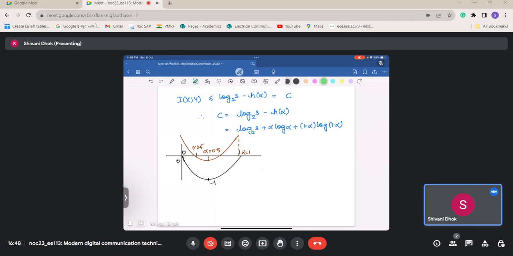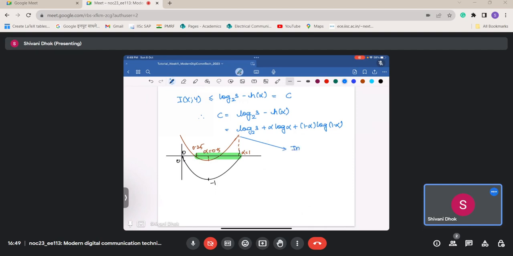So this region is the one in which alpha is allowed to take a value, and the value of alpha that maximizes it is this.